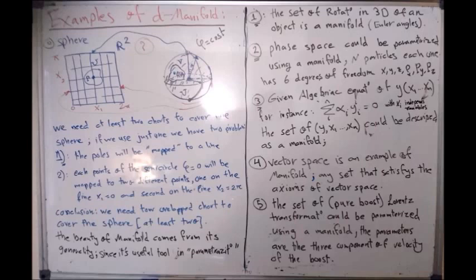The fourth example of a manifold is vector space. Vector space is also a manifold, and we know the definition of vector space: a set of points that satisfy certain axioms of vector space.